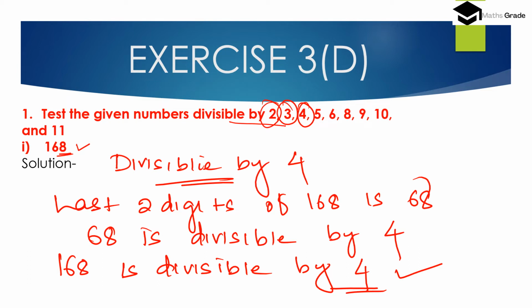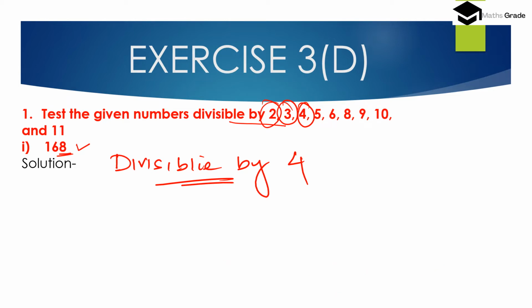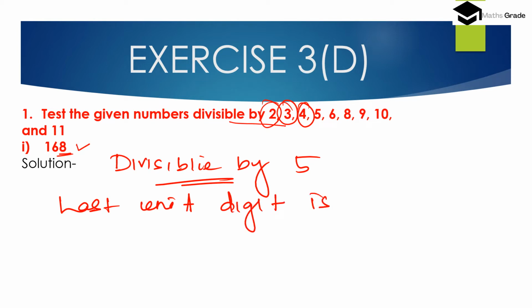Now we will check whether the number is divisible by 5 or not. If any number's last unit digit is 0 or 5, then the number is divisible by 5.